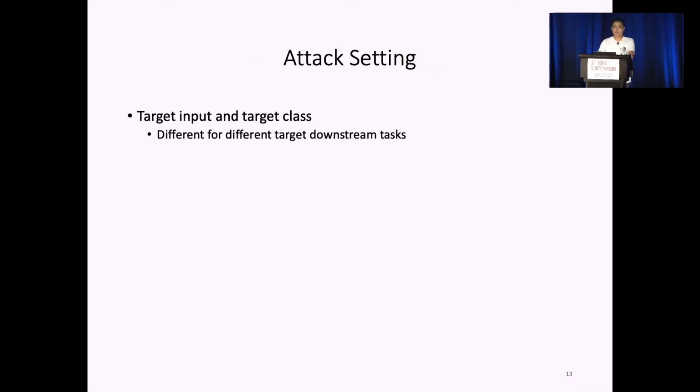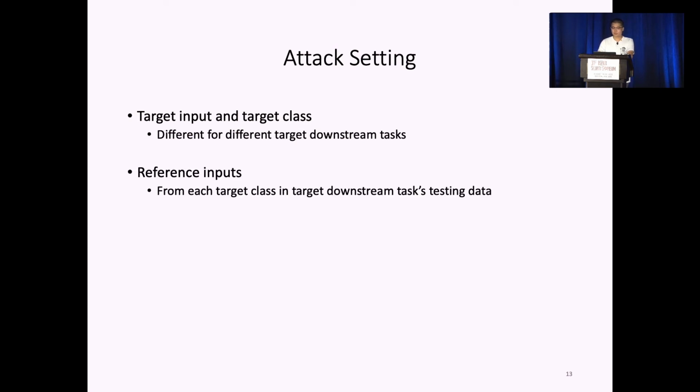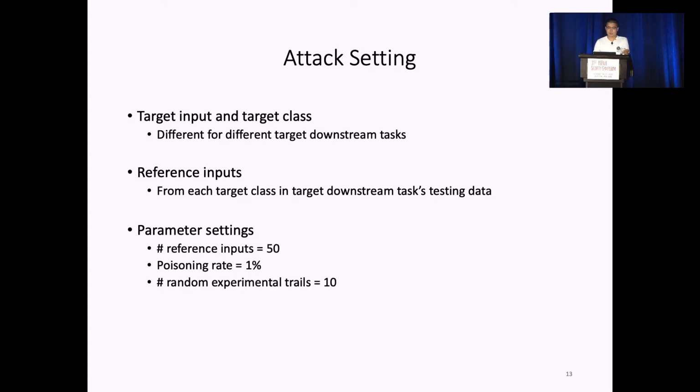The target input and target class are different for different target downstream tasks. We randomly choose the reference inputs from each target class in the target downstream task testing data. By default, we use 50 reference inputs, 1% poison rate, and 10 random experimental trials to report the experimental results.